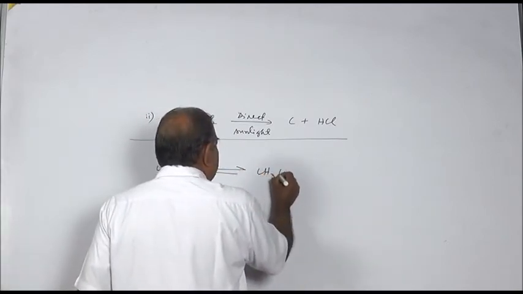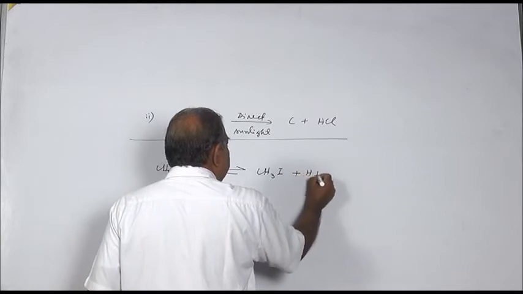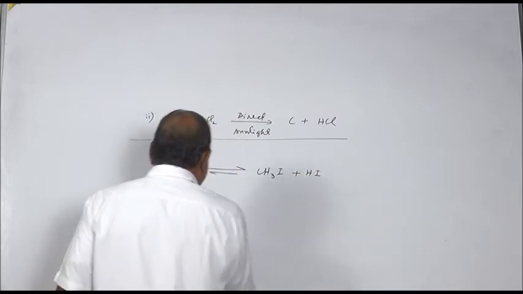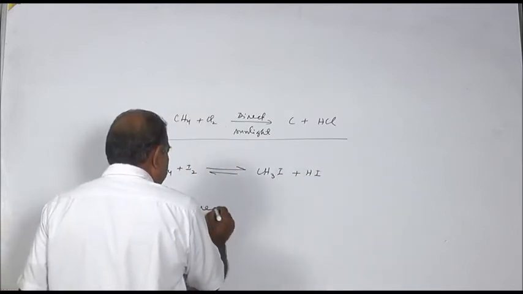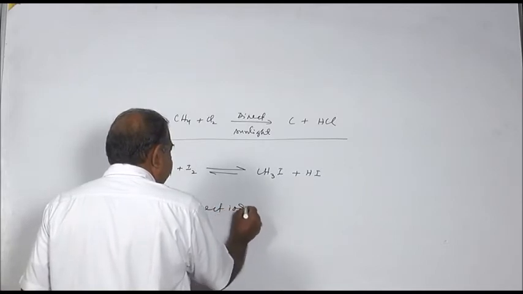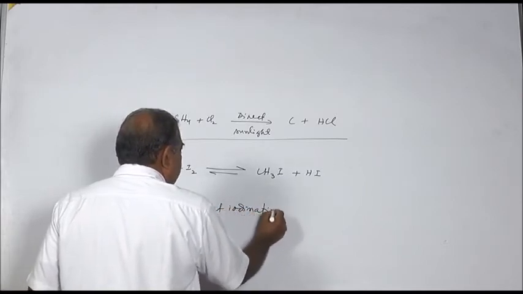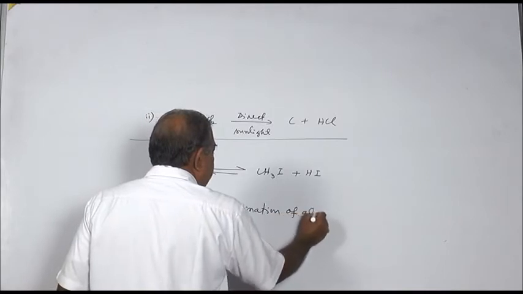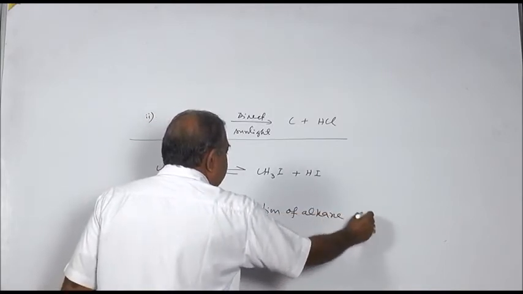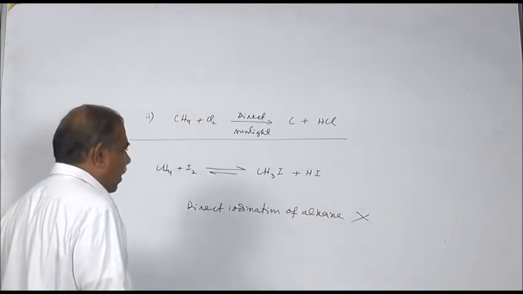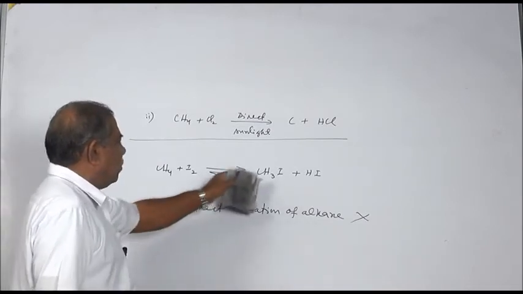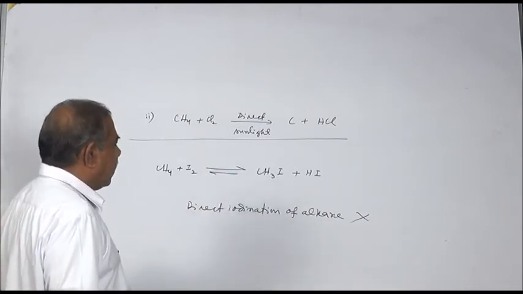It will form methyl iodide and HI. So therefore direct iodination of alkane is not carried out. Sometimes it is asked why? Because the reaction is very, very slow and reversible.